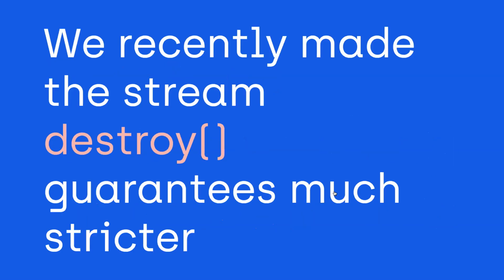So a couple of things. If you ever implemented your own streams, in later versions of Node and in readable-stream, we actually standardized destroy. This is a while ago, years ago actually, but we very recently made the guarantees that destroy makes a lot stricter. It was actually very vague what it did before, and it had a lot of issues.